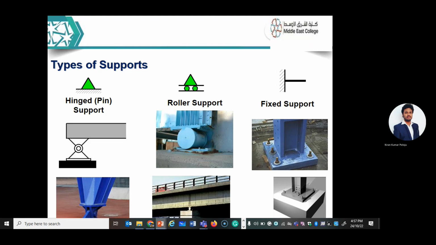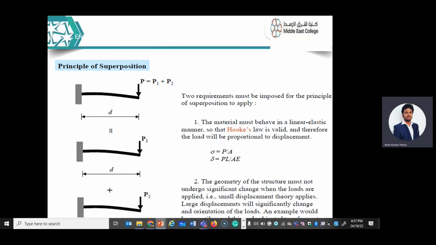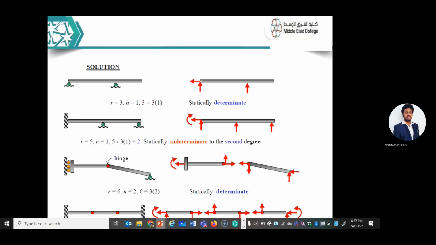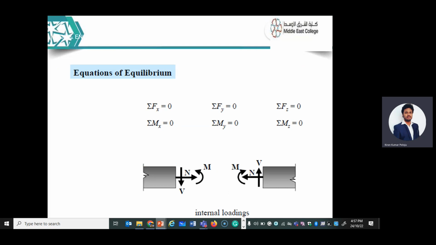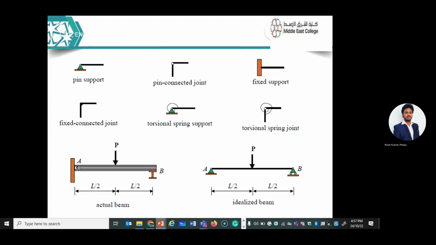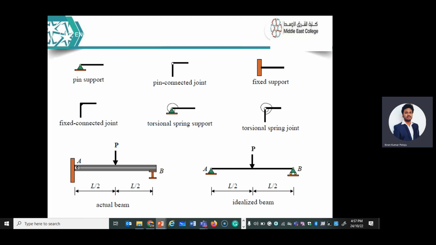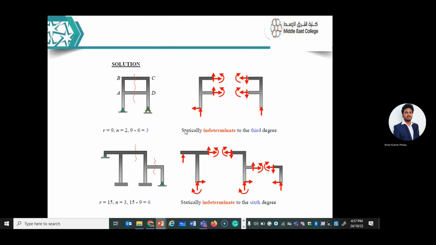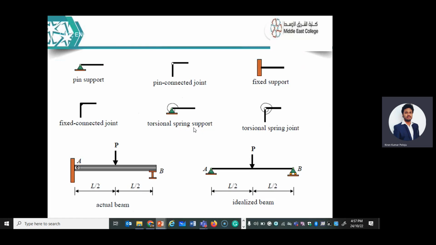Three supports. Okay. Before going to discuss centroid, we discuss this. If we manage time, we discuss centroid. Otherwise, we'll stop after discussing this topic because it will take some time.